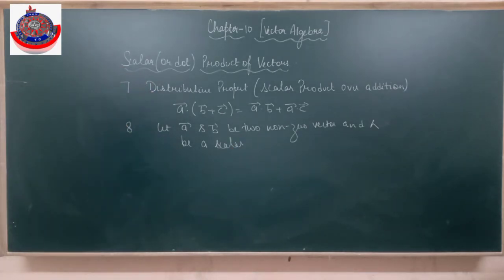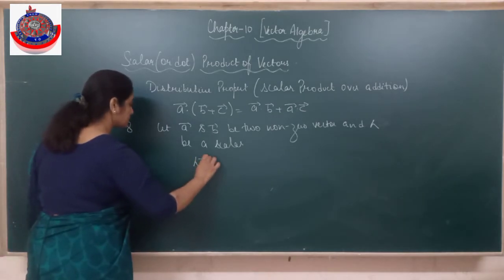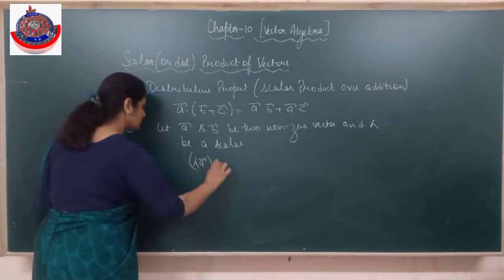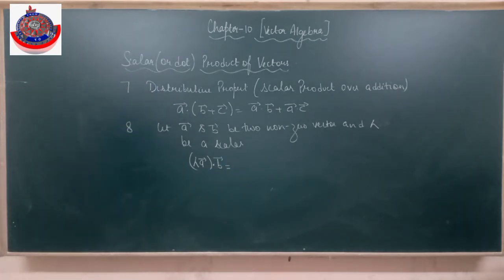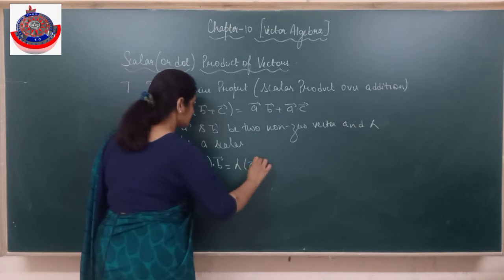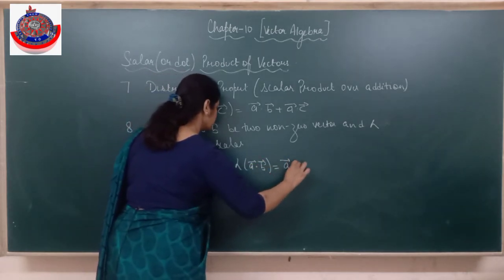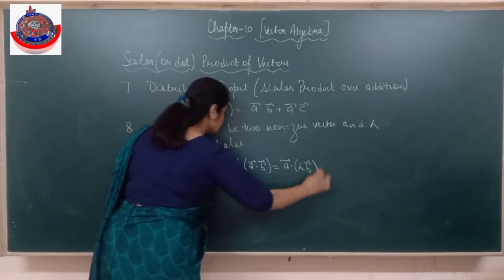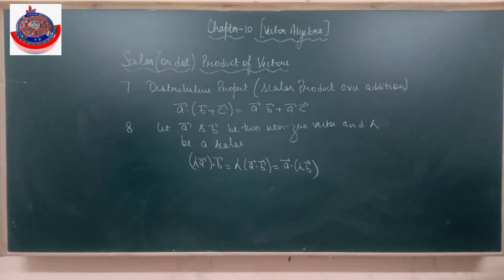Then if I want to multiply it this way, you first multiply lambda by a then by b, or you multiply lambda by b first. It's one and the same thing.